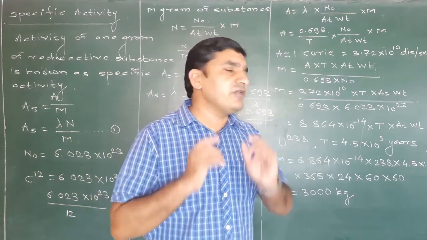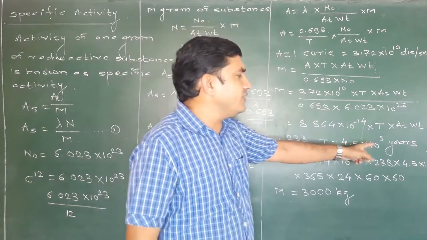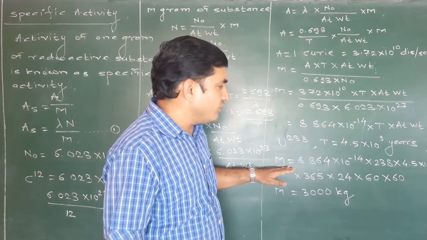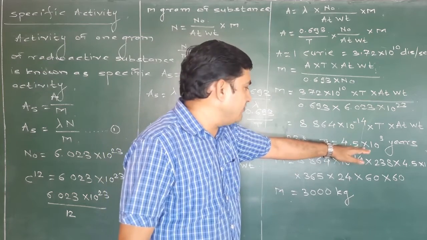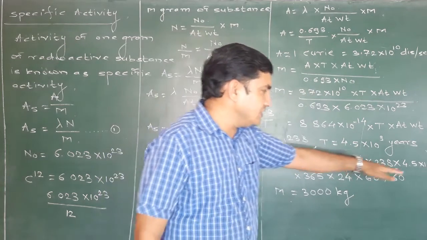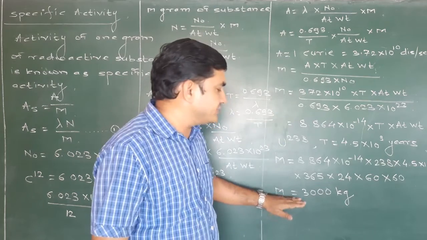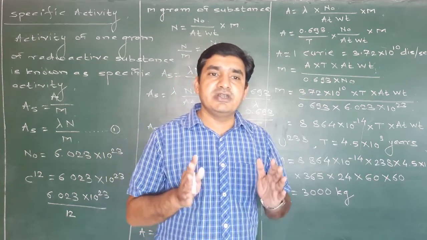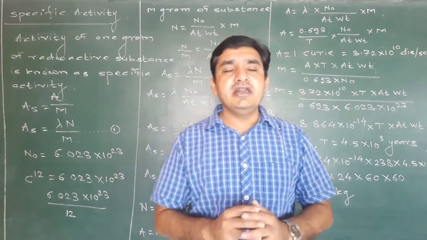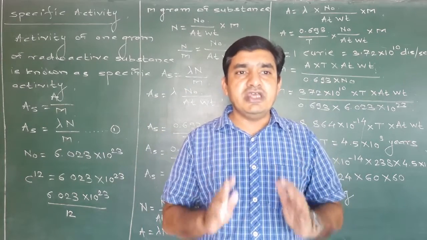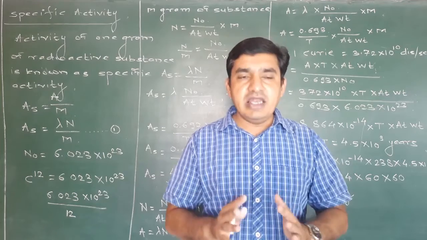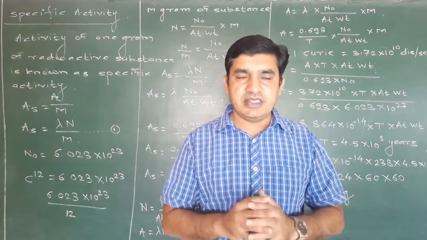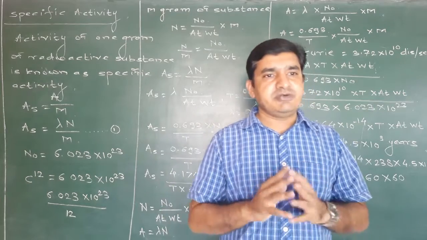Okay, uranium-238, and its half-life is 4.5 into 10 raised to 9 years, and therefore we put the value of half-life and atomic weight in this equation. We get m is equal to 3000 kg. It indicates that 3000 kg uranium will have activity equal to 1 curie. So this is related to specific activity.